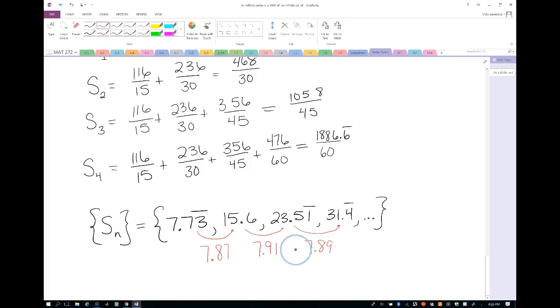Now some of these might be slightly off because I didn't include the repeating part of the decimal, but it looks like every single time my sequence is increasing by about 7.9.